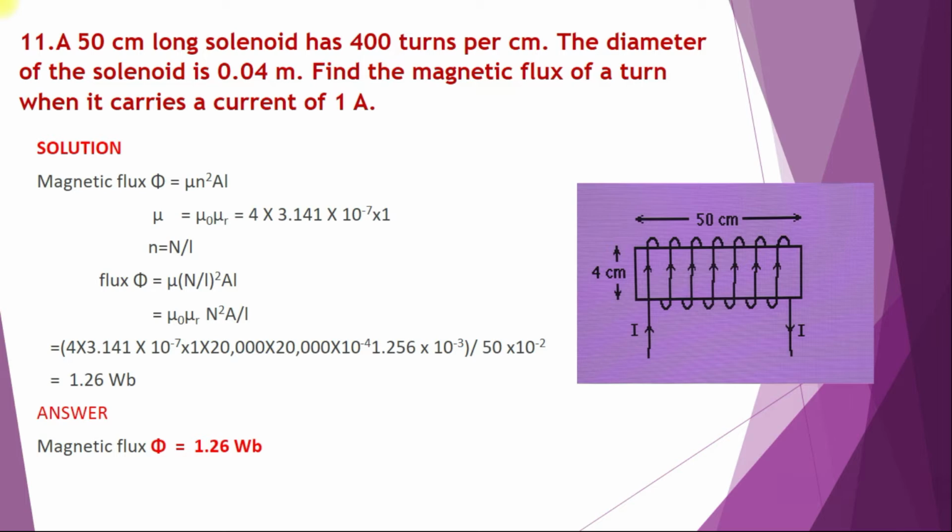Now we get the answer as 4 into 3.141 into 10 power minus 7 into 1 into 20,000 into 20,000 into 10 power minus 4 into 1.256 into 10 power minus 3 the whole divided by 50 into 10 power minus 2, which is nothing but 1.26 Weber. So the answer is magnetic flux is 1.26 Weber.